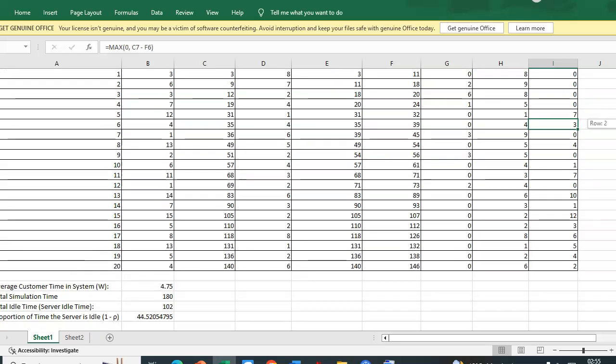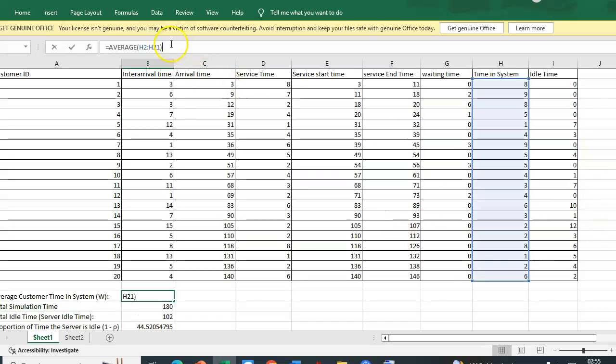So now, doing all that, we have the average customer time in the system, which is self-explanatory. The formula is here: the time in the system for everyone, and then you get the average. And then you get total simulation time, which is 180.